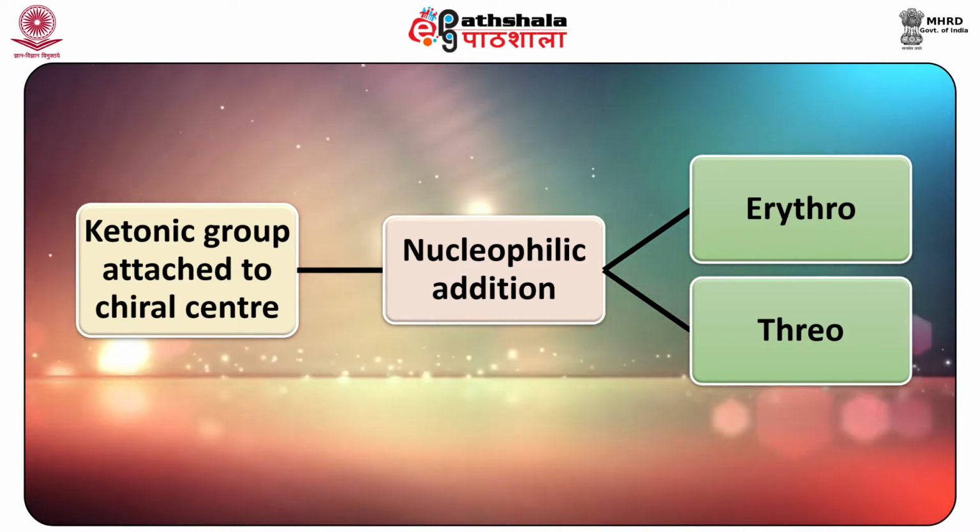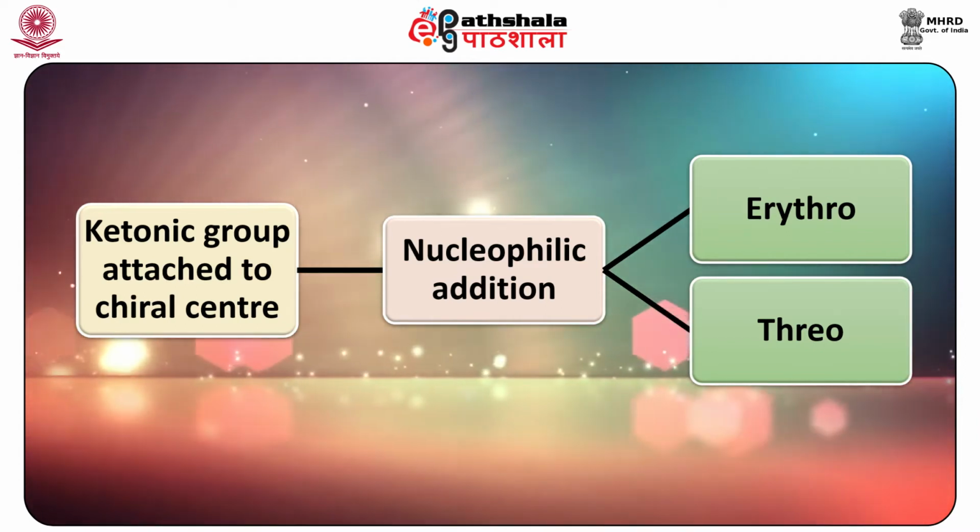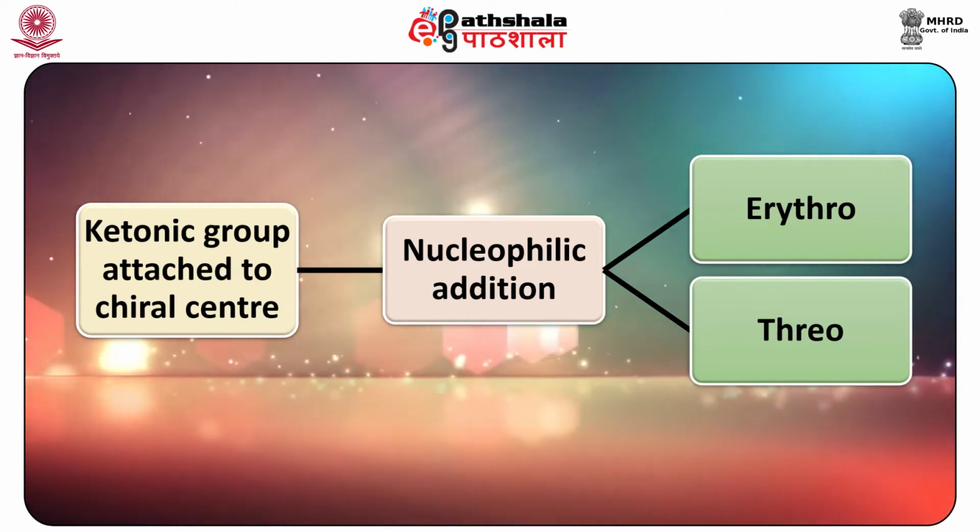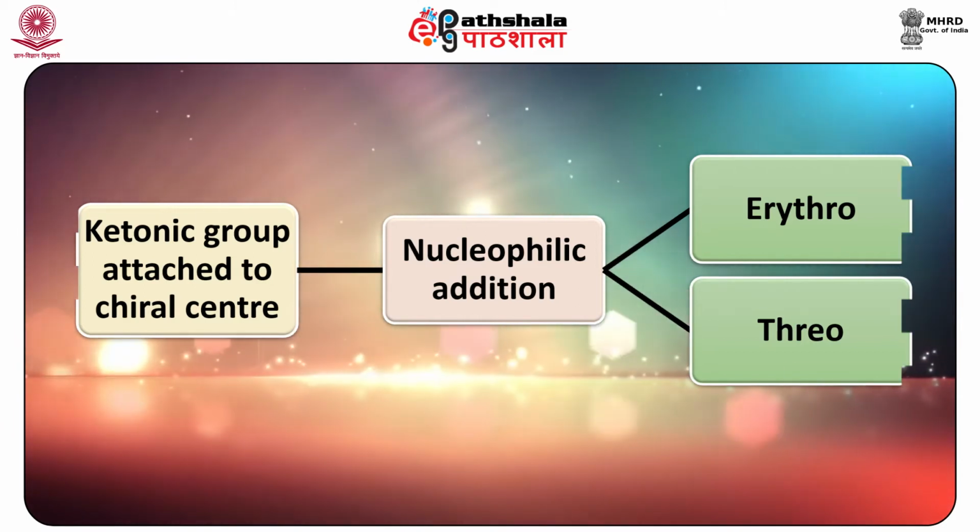Two diastereomeric products are formed, erythro and threo, one of which is always going to predominate. The relative configuration of the predominant isomer can be predicted by Cram's rule based on some arbitrary models. Cram and Elhafez gave these rules in 1952.